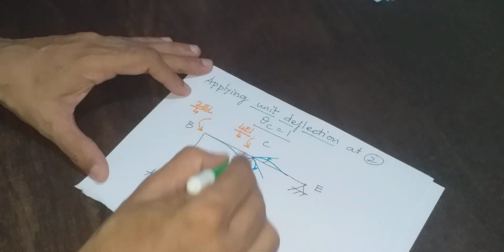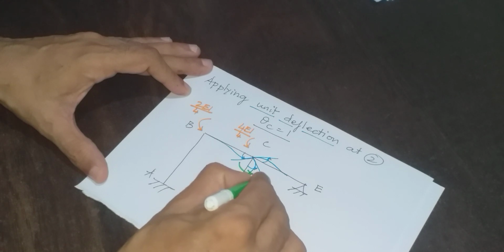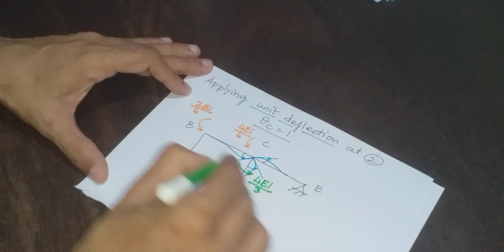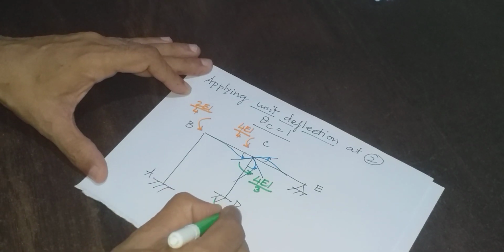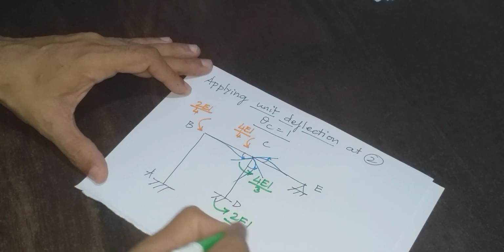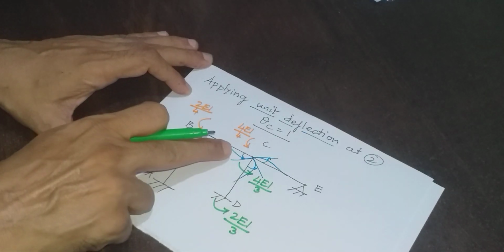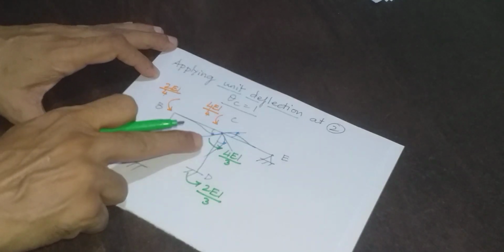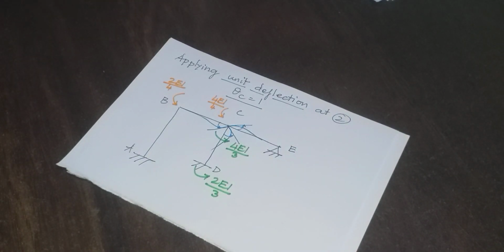Now to talk about portion CD, there will be a moment of 4 EI. The length of CD is 3, so 4 EI by 3 in the portion CD at C, and at D it will be 2 EI by 3. Again there will be reactions which we are going to ignore.